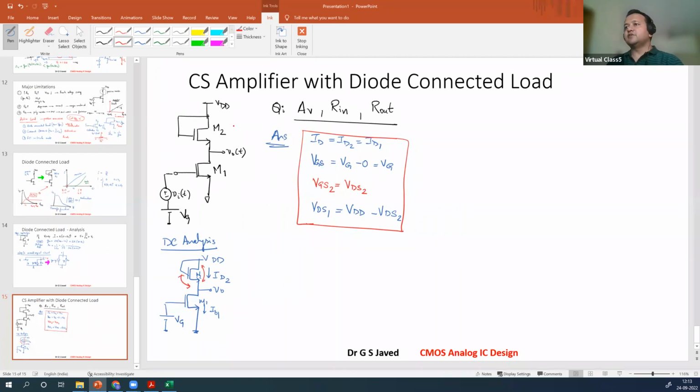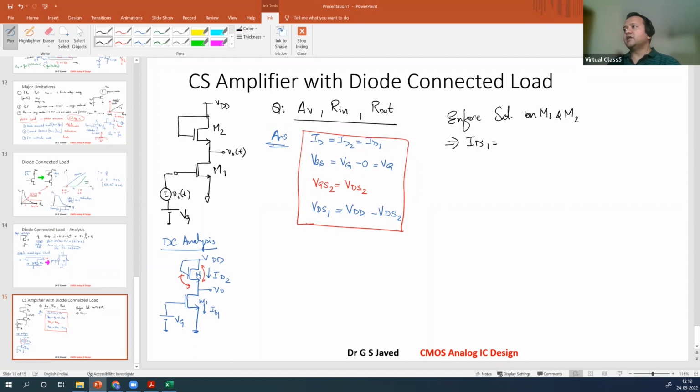So diode connected at the edge of saturation, and this one we will enforce saturation. Enforce saturation on M1 and M2. So what will be the current equation?